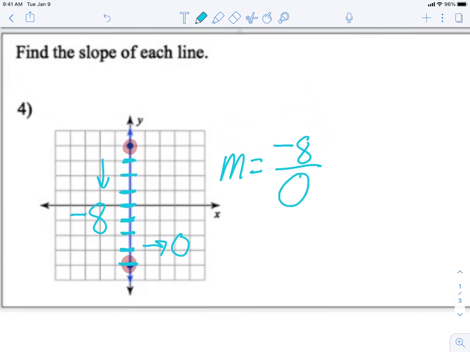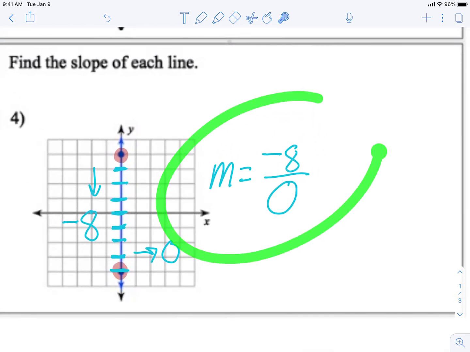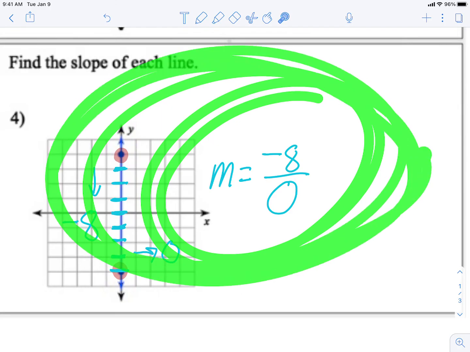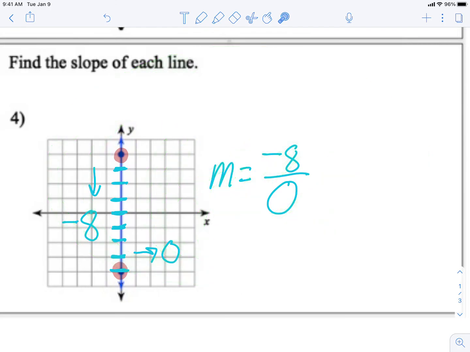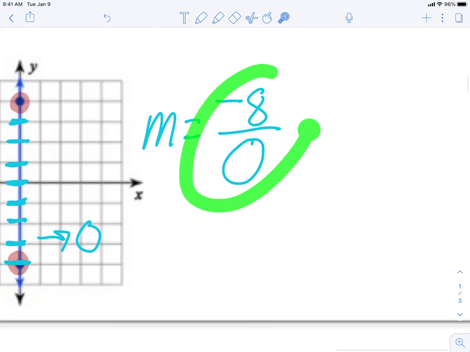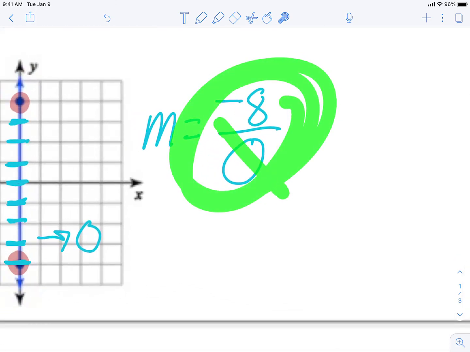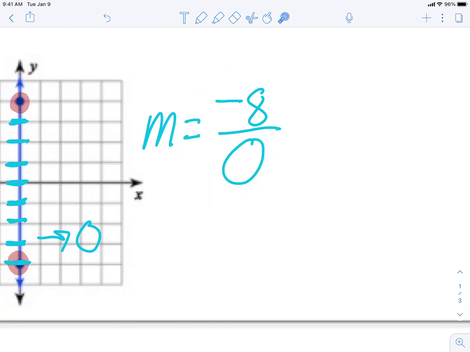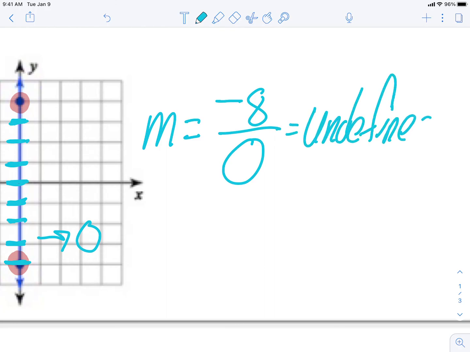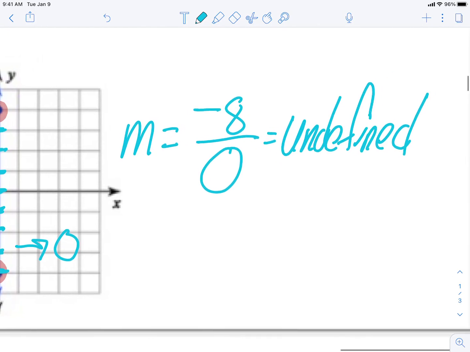Now, red alert, guys. Red alert. That's a problem. We can never, ever divide by 0. Not allowed in math. So this is undefined. You are not allowed to divide by 0.